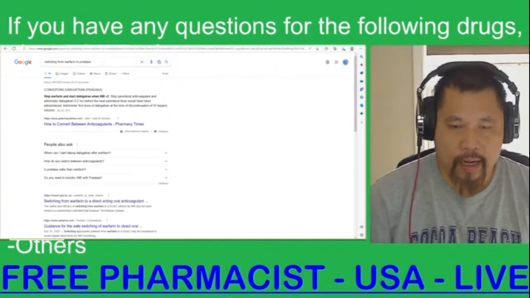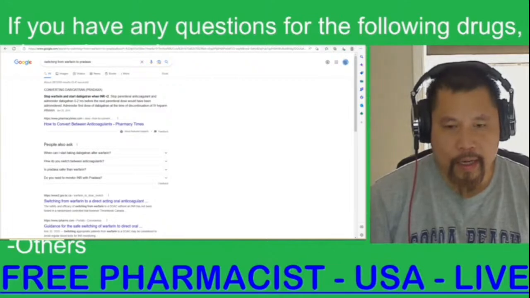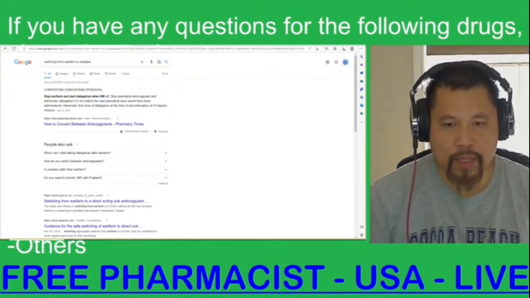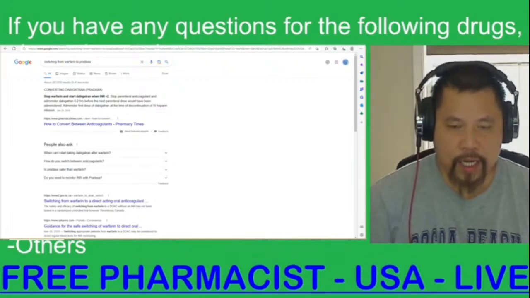But when INR is at the therapeutic level, like between 2 and 3, you have to wait 1 to 2 days to make sure INR is less than 2 before giving the patient the Dabigatran. But if you need to send the medication to the patient's home, if you send it overnight, it may take one day.